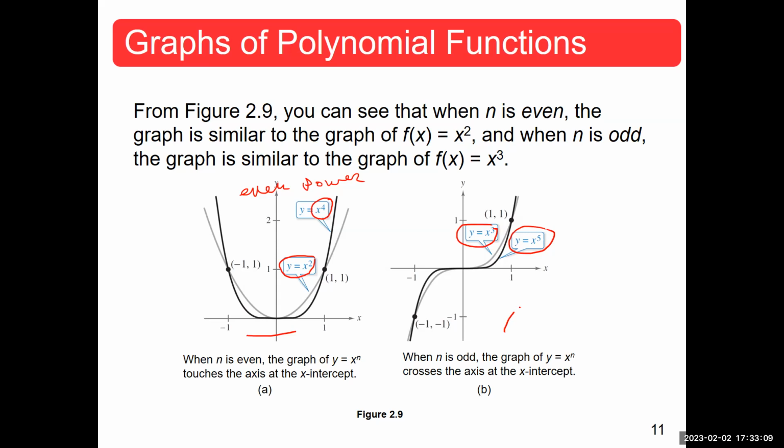In reality, it is rounded, but because of the higher order, it looks flat. So this is for the odd powers. Most odd powers look like this, and most even powers look like that.